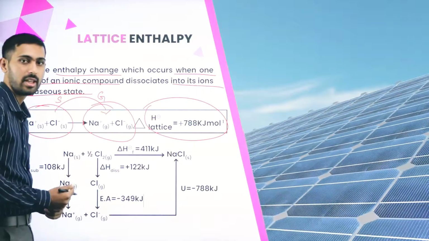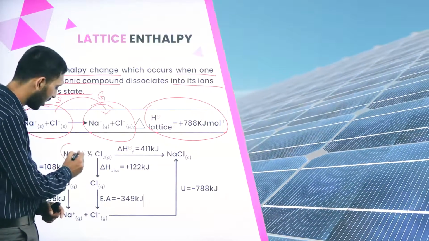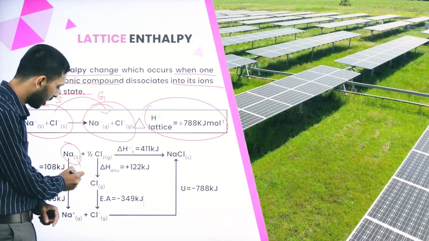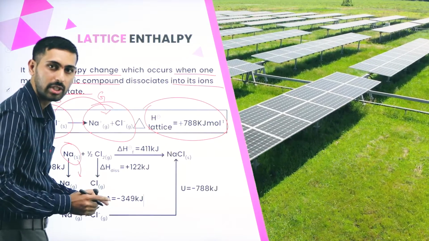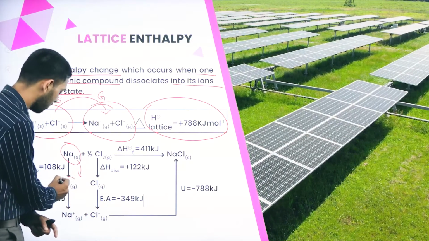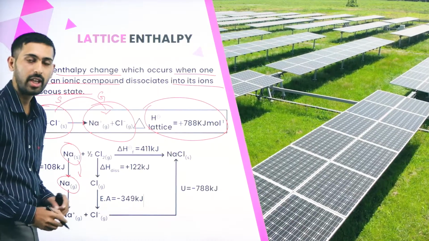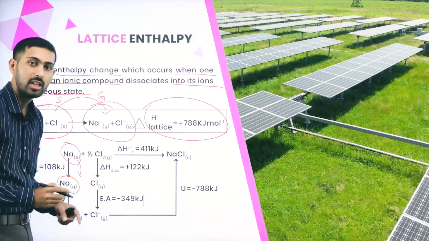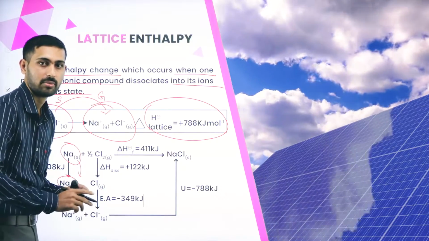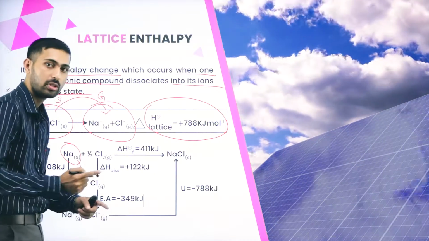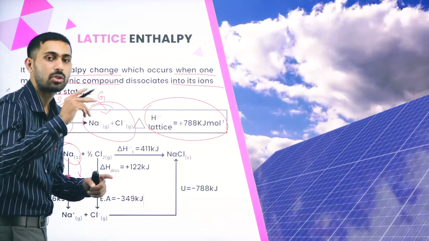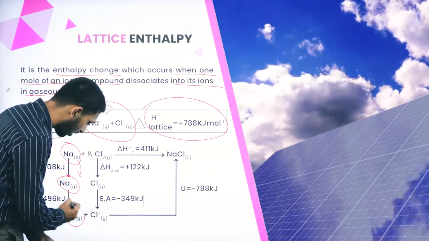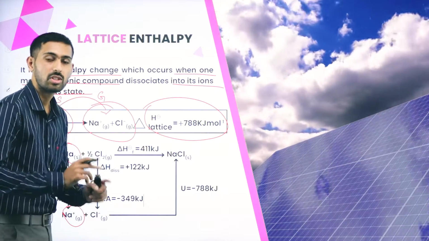Let us study this. Let us take sodium in the solid state and convert it into the gaseous state. After that, we have to remove 1 electron from the sodium atom in the gaseous state, which gives the sodium ion.